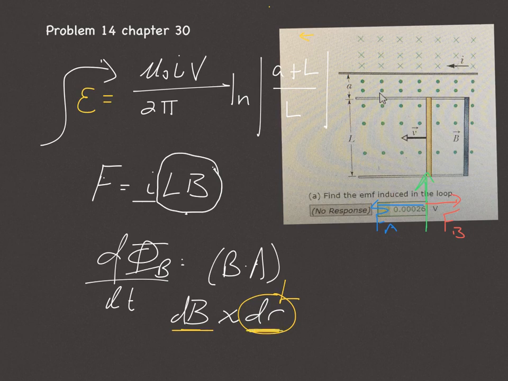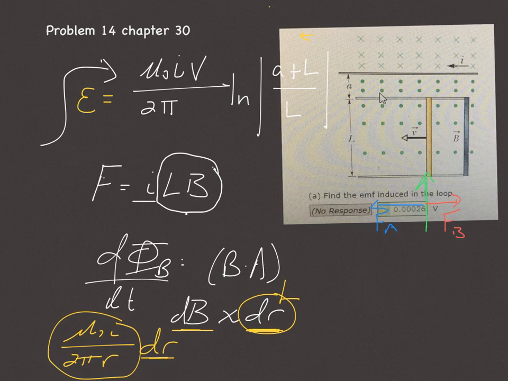We took the strength of the magnetic field at any point and multiplied it by another distance away, which went from A to A plus L.